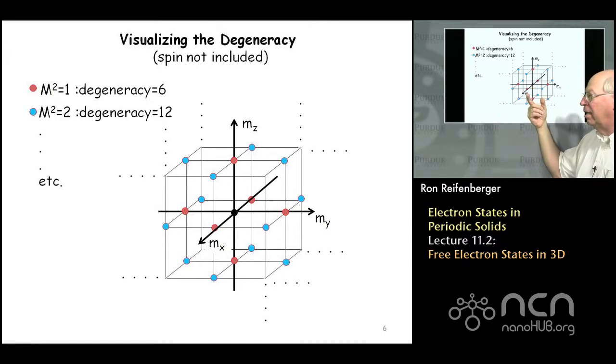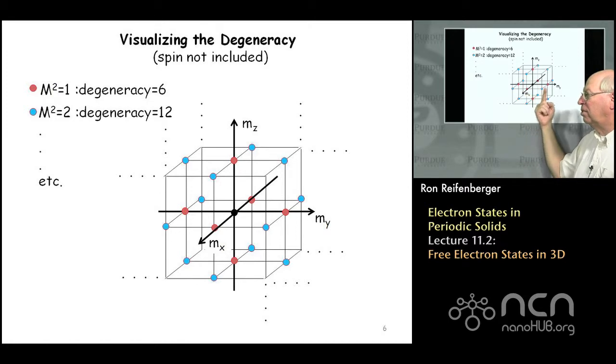Here I've got a coordinate system where I'm plotting the allowed values of m sub x, the allowed values of m sub y, and the allowed values of m sub z. And I just indicate the first few contributions to these quantum numbers. So for instance, for the M squared equals 1 case, the degeneracy is equal to 6.